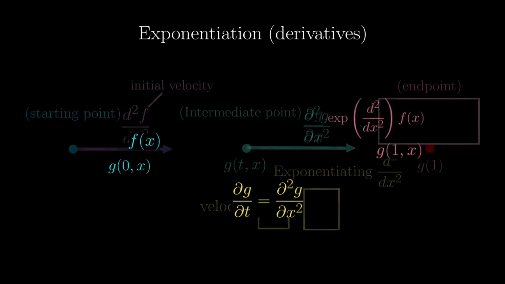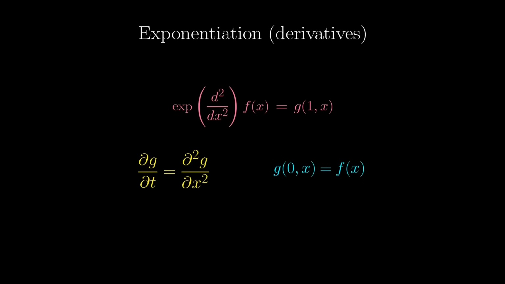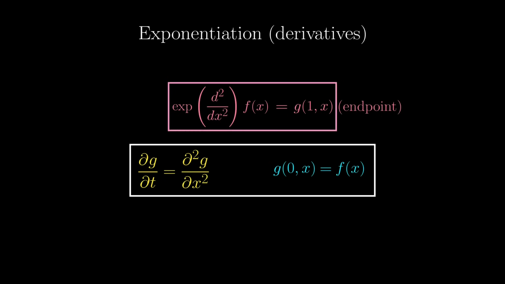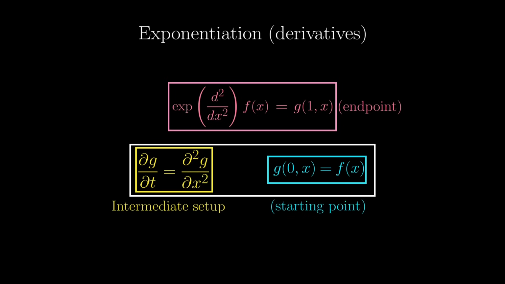More algebraically, in this exponentiation of the second derivative, we are finding g of 1,x where this g satisfies a differential equation and an initial condition. This was our previous endpoint of the journey. The equation is what we have been calling the intermediate setup, and the initial condition is the starting point of the journey.